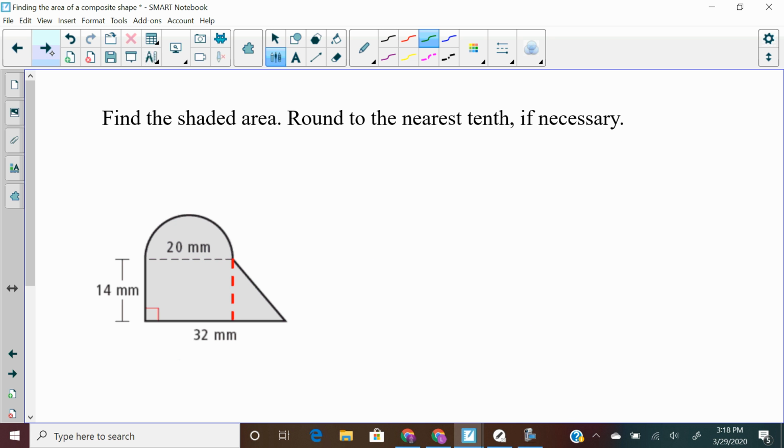My next shape has three shapes within it. I have a semicircle that has a diameter of 20, so the radius is 10.